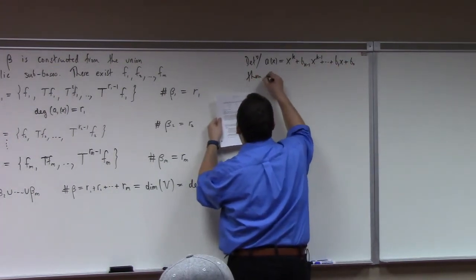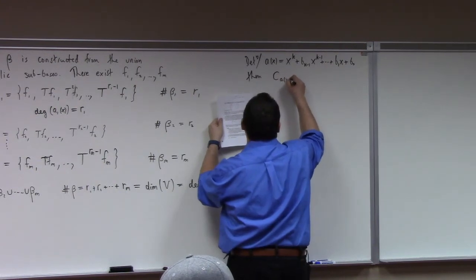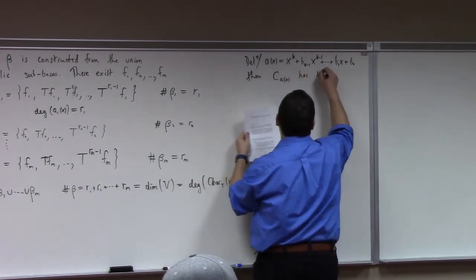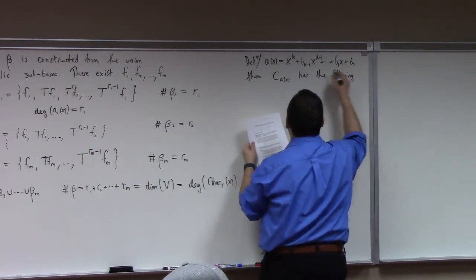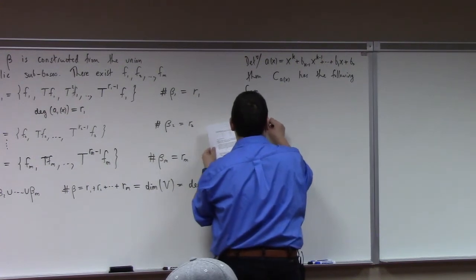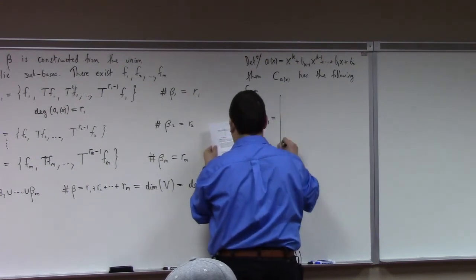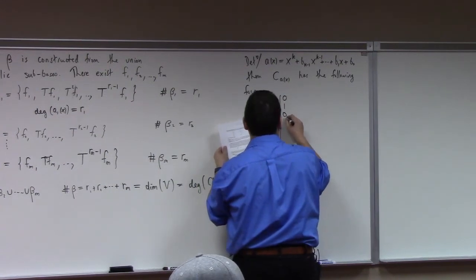Then the companion matrix C sub a of x has the following form. So it's got ones on the subdiagonal.